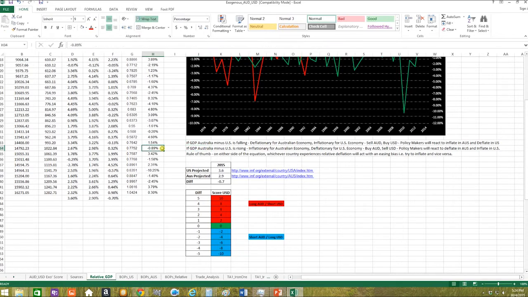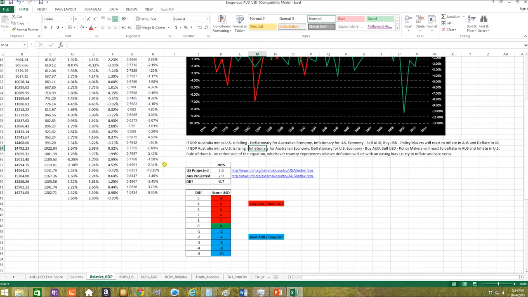If GDP in Australia minus the US is rising, so that gap is getting bigger, which means Australia is starting to grow faster than the United States relative to yesterday or the previous period, this is inflationary for the Australian economy and deflationary for the US economy on a relative basis.